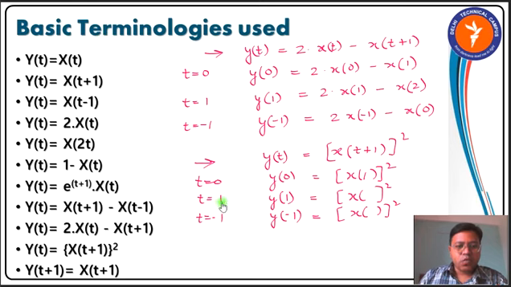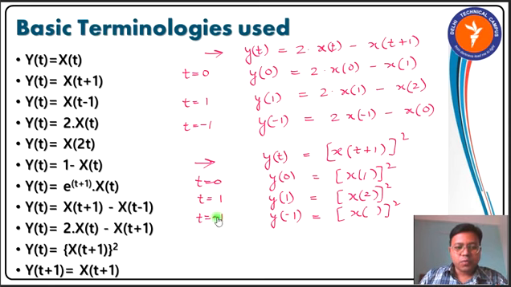Similarly, at t equal to 1, the present output will depend upon the square of the future input, because if we are considering the time reference instant at t equal to 1, then t equal to 2 will be the future input. So it means the present output will depend upon the future input square.